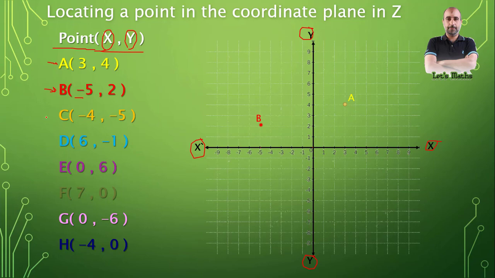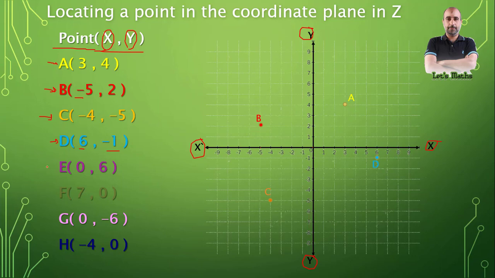C intersects the x-axis at negative 4 and the y-axis at negative 5, which is here. After that, the point D intersects the x-axis at 6 and the y-axis at negative 1, which is here.